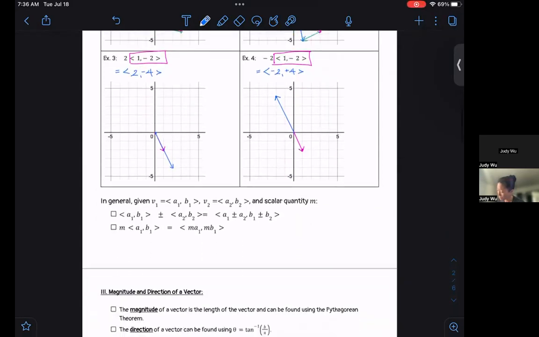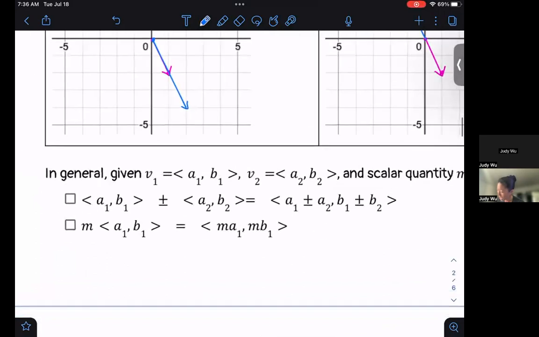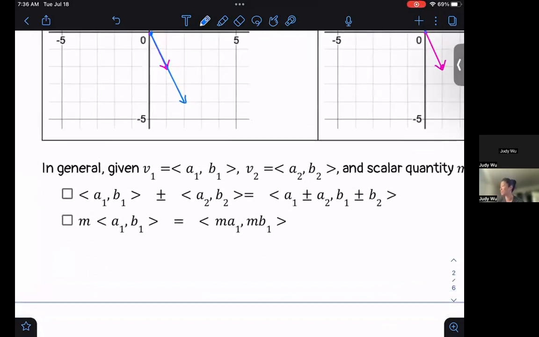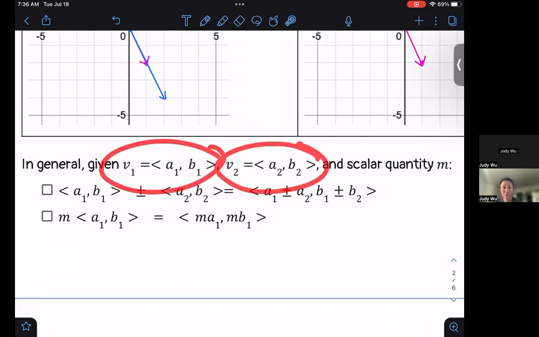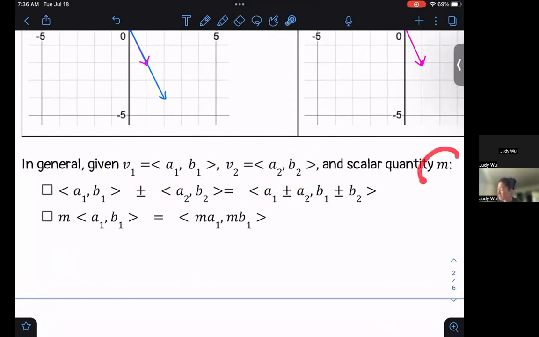Now, before we finish this video, let's take a look at how we might see these as rules written, okay? And these rules, if I have 2 vectors, let's call them v1 and v2, okay? And a scalar quantity m, meaning it's just a number, it's not in any brackets.